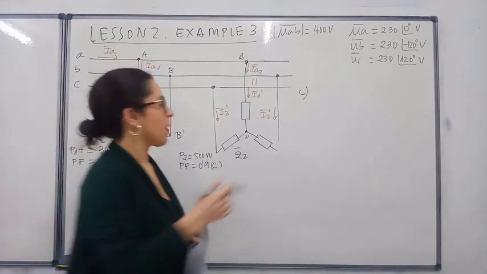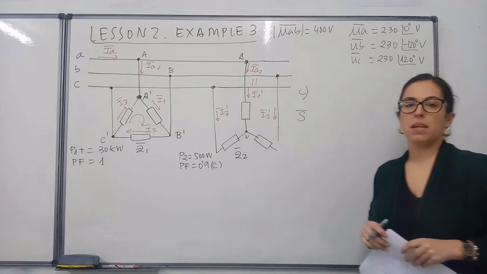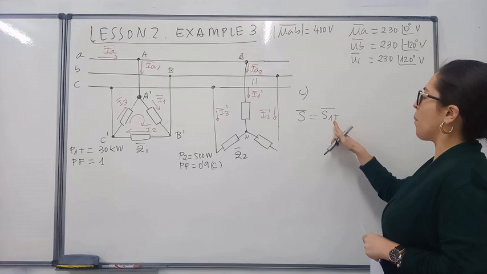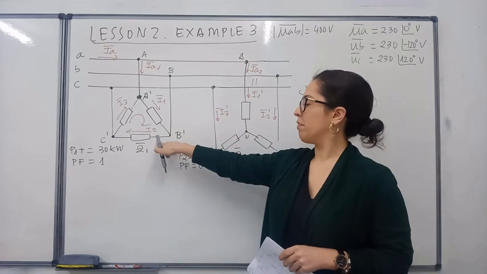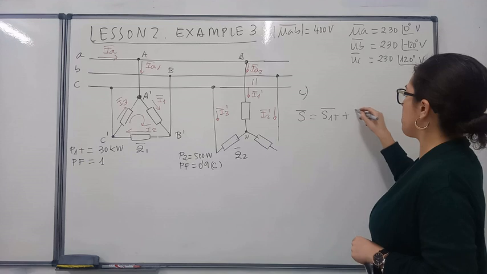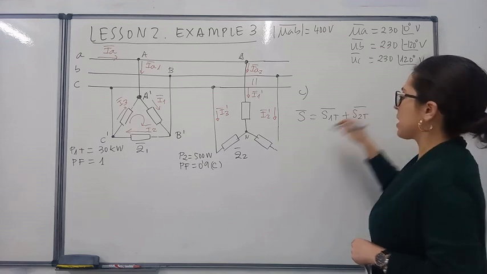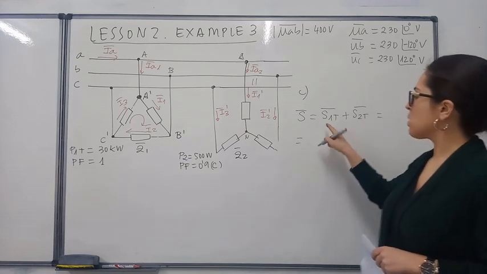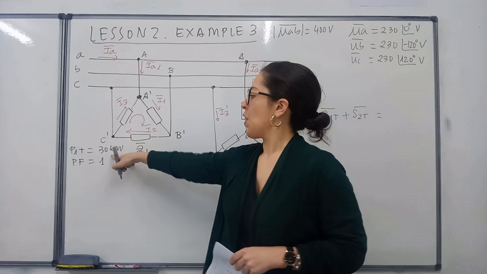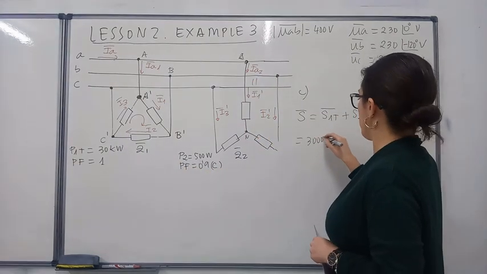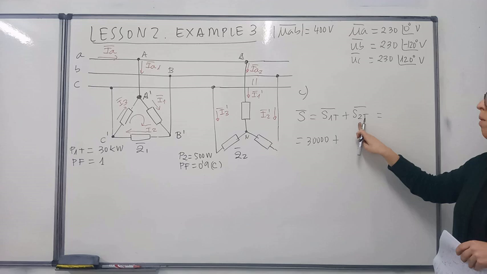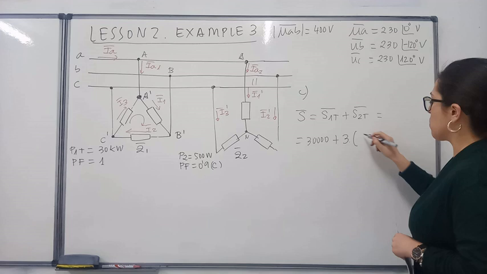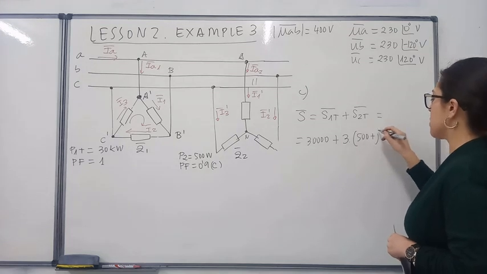In question C, they ask for the total complex power of all this assembly. So in this case, we need to sum the total complex power of this load in delta connection plus the total complex power of this load in a star connection. So the total complex power here was 30,000 watts, plus the total complex power here would be 3 times the complex power that we had calculated in the first question.